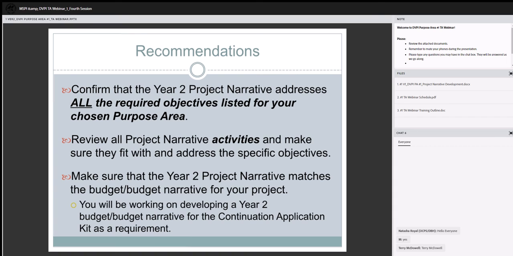Confirm that the Year 2 project narrative addresses all the objectives. Okay, we said that. Review all project narrative activities and make sure they fit with and address the specific objectives, and make sure they fit your budget and that your budget narrative supports the activities. You'll be working on developing a year 2 budget narrative for the continuing application kit as a requirement as well.